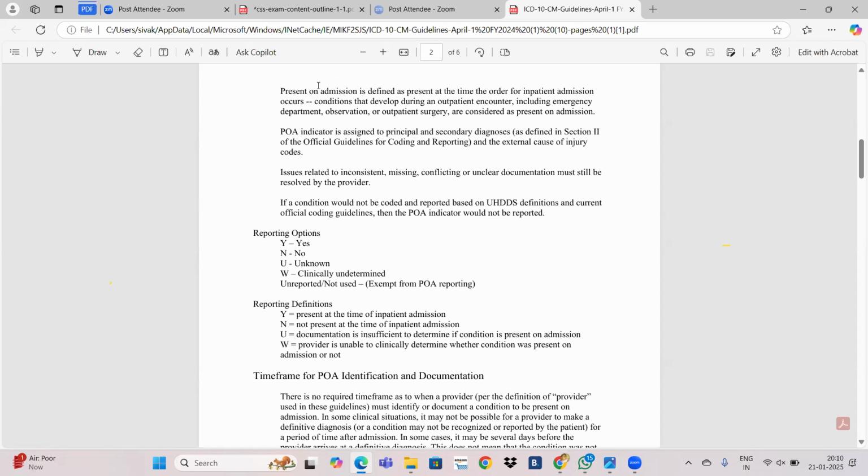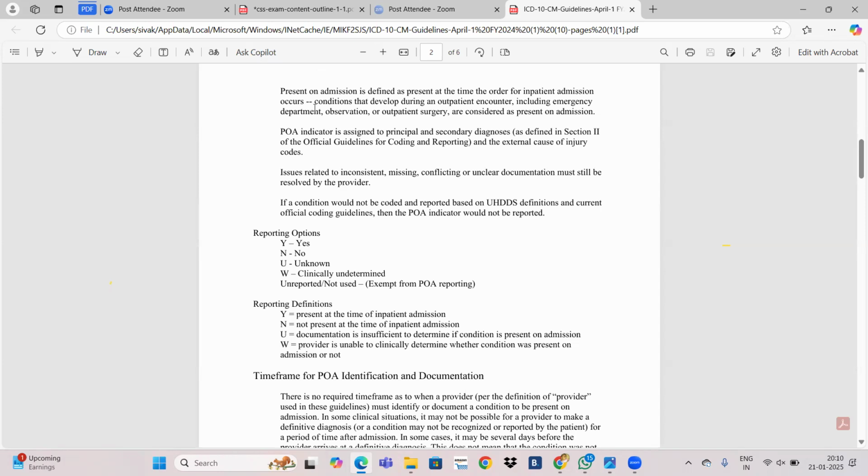At the time of inpatient admission occurs, the condition is present, or the condition develops after the inpatient admission. This is the important thing.